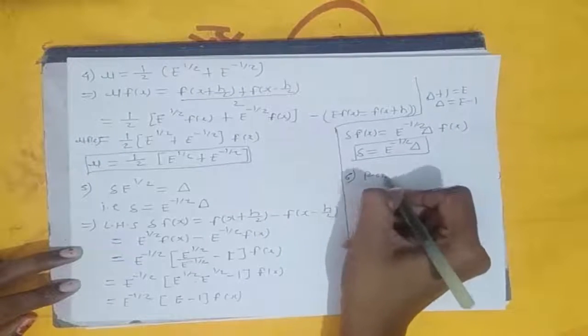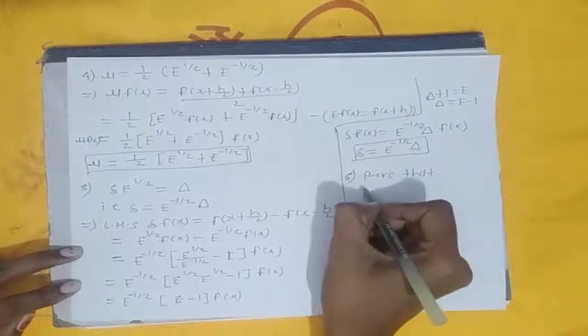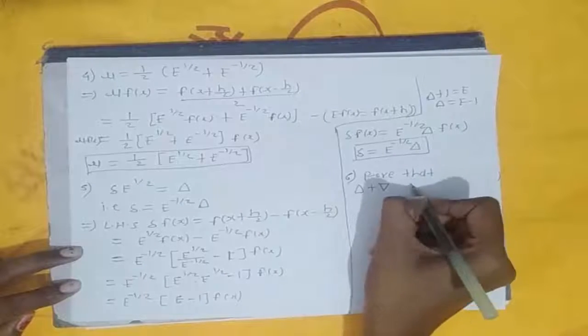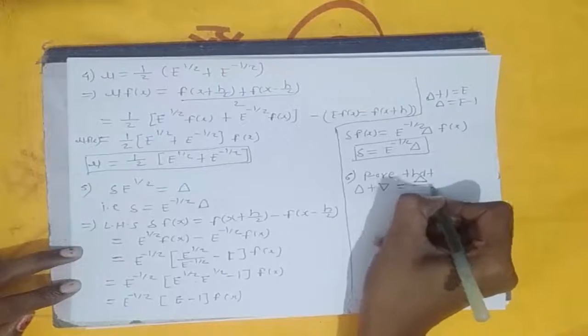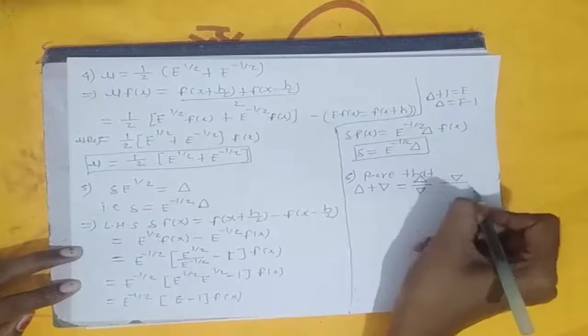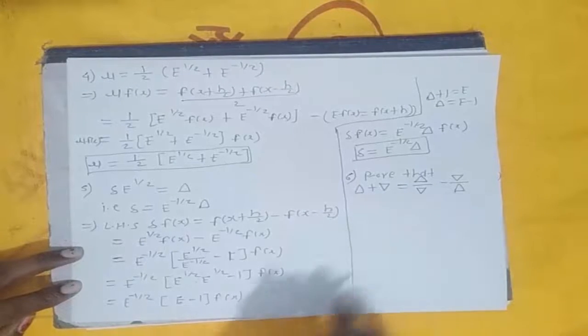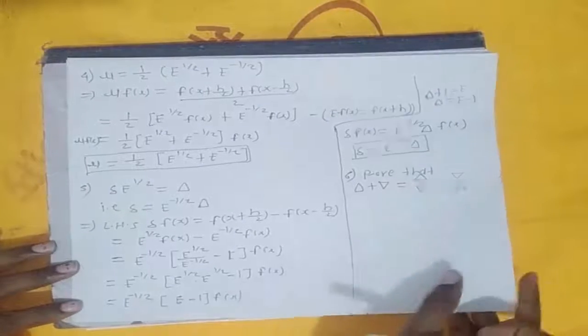Prove that delta plus del is equal to delta divided by del minus del divided by delta. Okay, we can prove this identity in the next page.